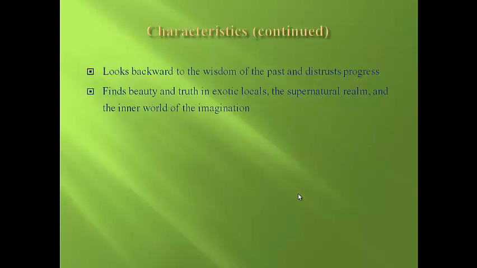It also looks backward to the wisdom of the past and distrusts progress. It means that they tried to get some good experience from the past and use it to develop their country. And they find beauty and truth in exotic locales, supernatural realms, and the inner world of imagination.